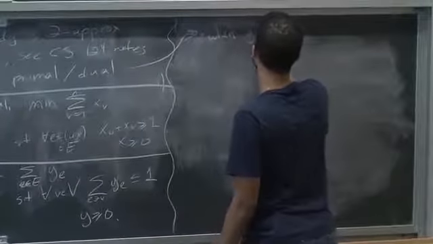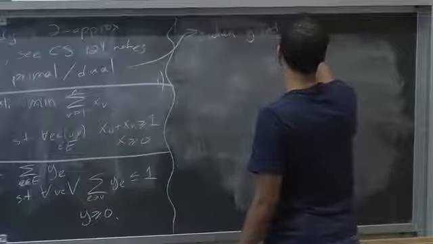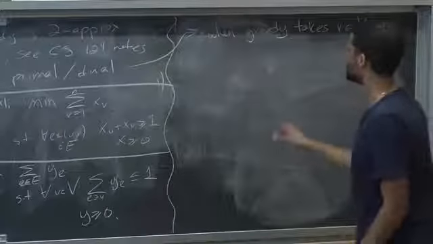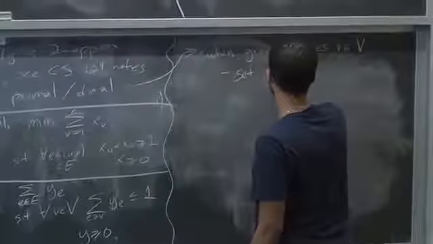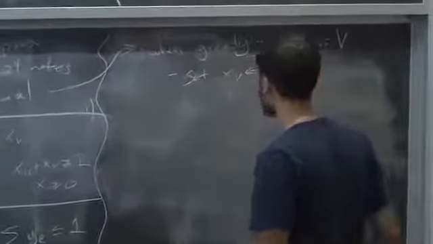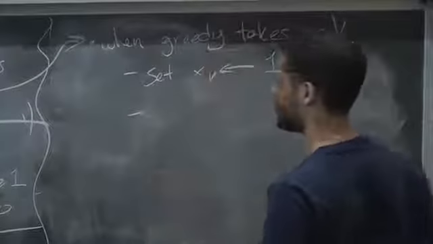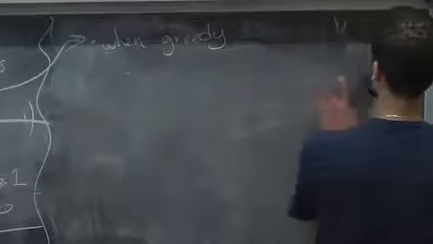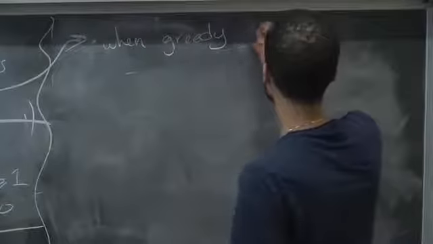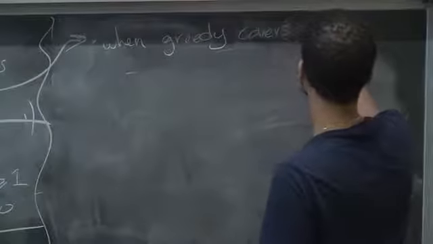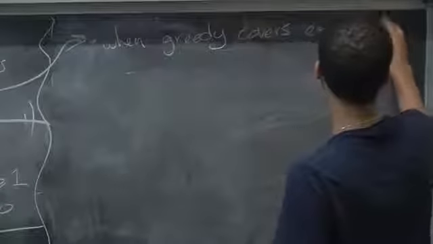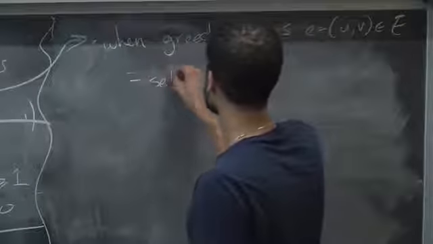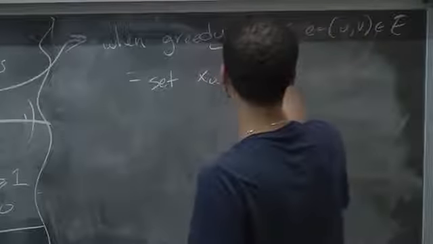When greedy takes some vertex v in capital V, set xv to 1. And when greedy covers an edge e, which is uv in the edge set, set xu and xv both to 1.